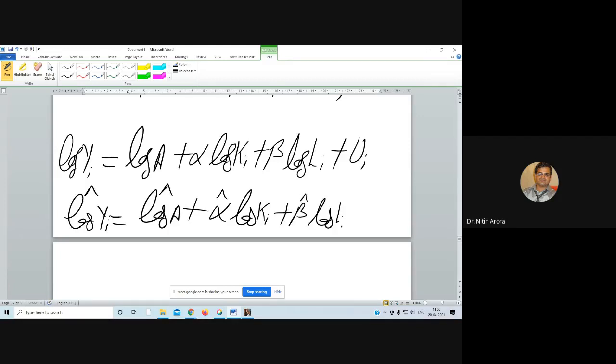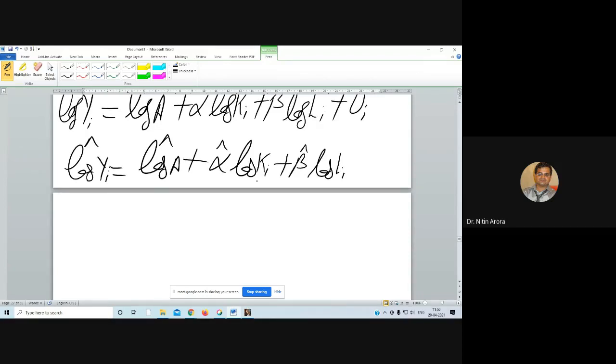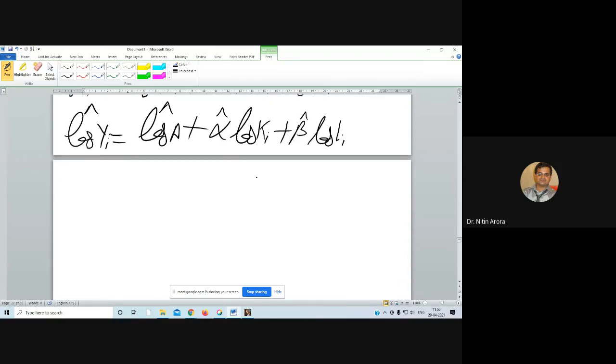And I hope you know beta cap is the sample estimate of beta, which reflects the labor elasticity of output. Alpha cap is the parameter that represents capital elasticity of output, the sample estimate of alpha, obviously. We say that alpha and beta are share parameters also, and I test the hypothesis whether alpha plus beta is equal to unity or not.